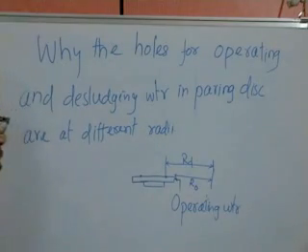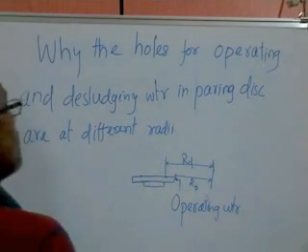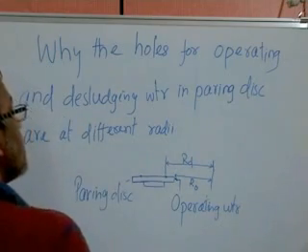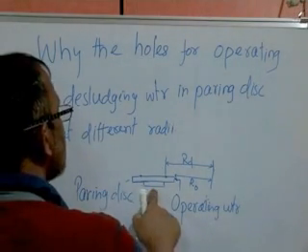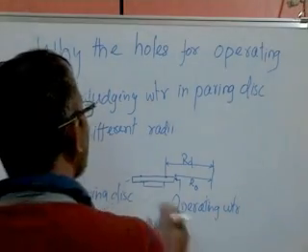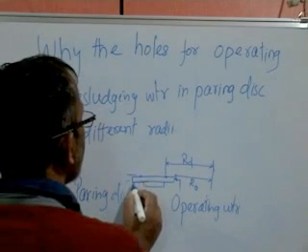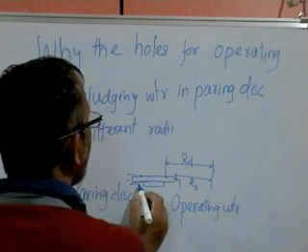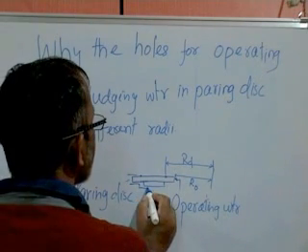This is so because when the water is supplied through the parent disc, which is fixed at the base of the purifier, the purifier takes the operating water as well as the desludging water.